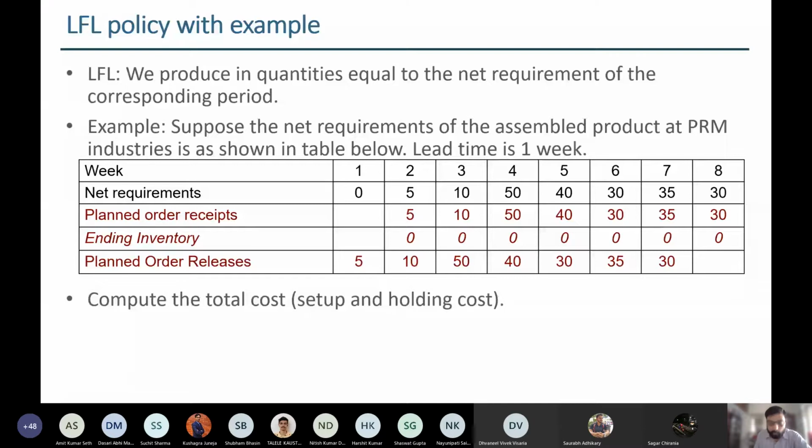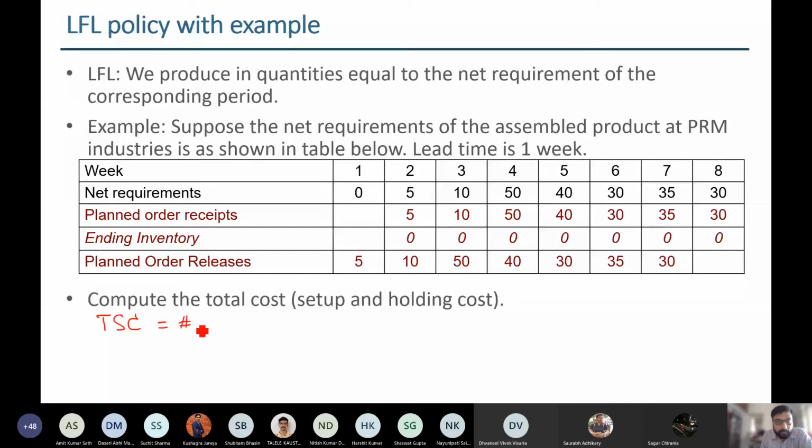Now let us compute the total cost if we follow this lot for lot policy. Let us start with total setup cost. TSC stands for total setup costs.